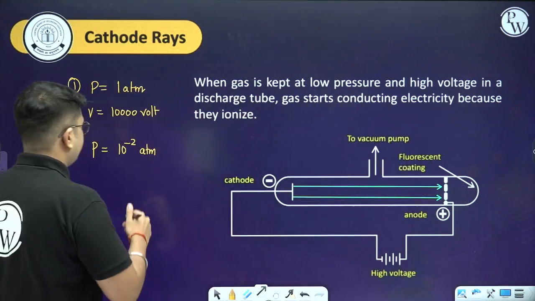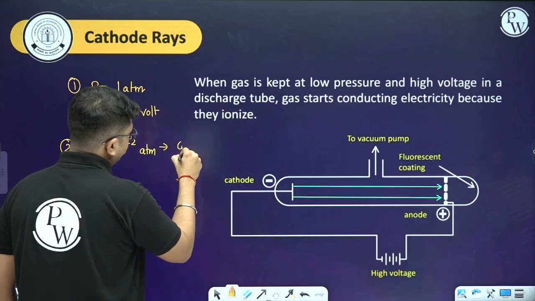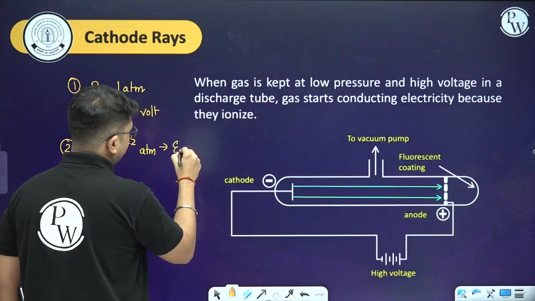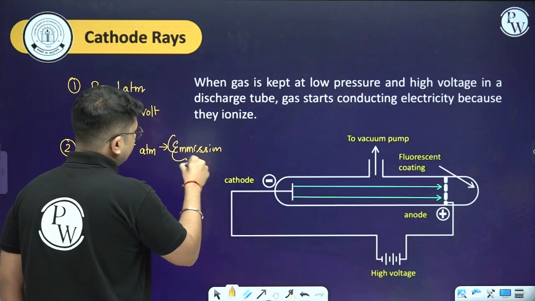So he thought that at this particular pressure and the same voltage, some type of glowing emission was happening.